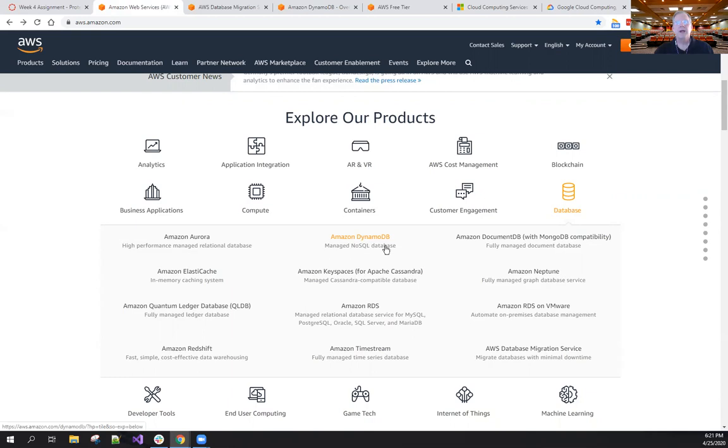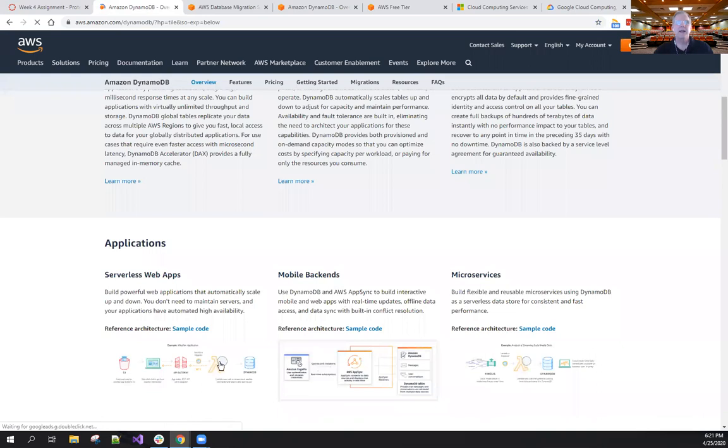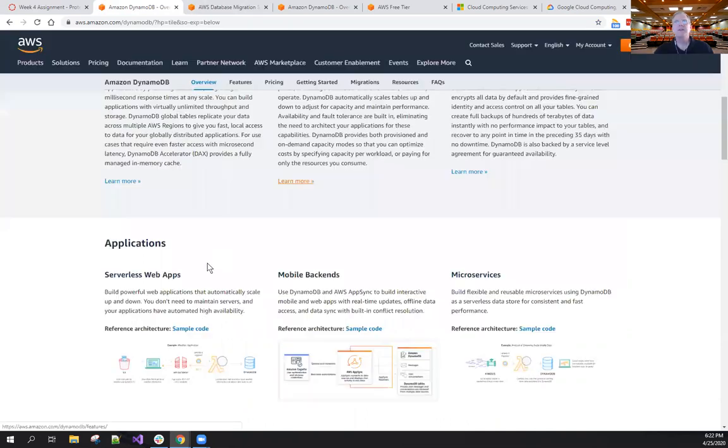You don't have the slowness of the relational database management system in the middle slowing things down. You go right to the data, and that's the interesting thing about DynamoDB and that API that we saw a second ago.